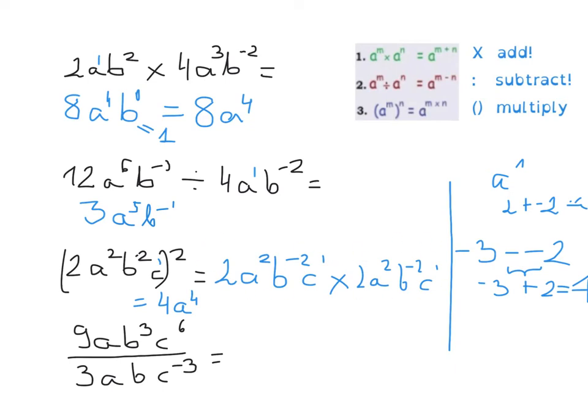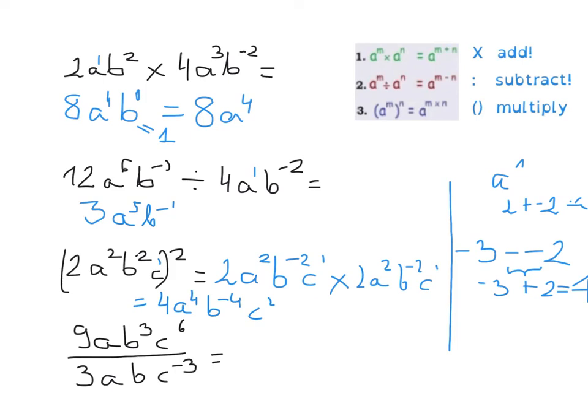If you want to do it quicker, you can just multiply this straight away, but don't forget to multiply the number. So put it to the power of 2 and give the answer. Okay, and then we have b, we have -2 plus -2, that is -4. Okay, and c to the power of 1, c to the power of 1, that would be c to the power of 2. Okay, if you're not sure if you have minuses, always check it on your calculator.